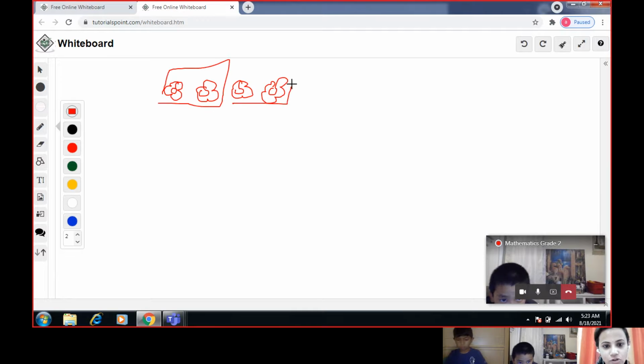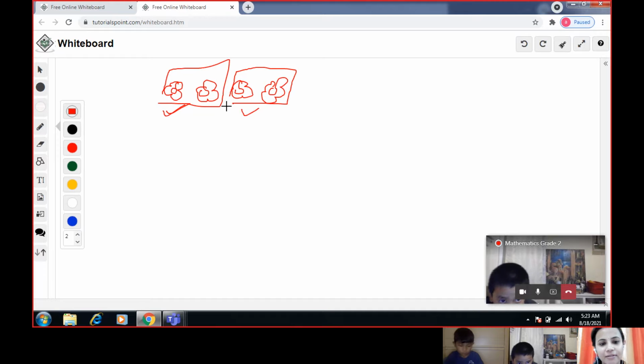We will make the set of 2 flowers. This is the pair of 1. In a pair there are 2 counts. This is the pair of 1 and this is the pair of 1. So the things for which we can make the pairs are known as even numbers, the ones by which the pair can be made.